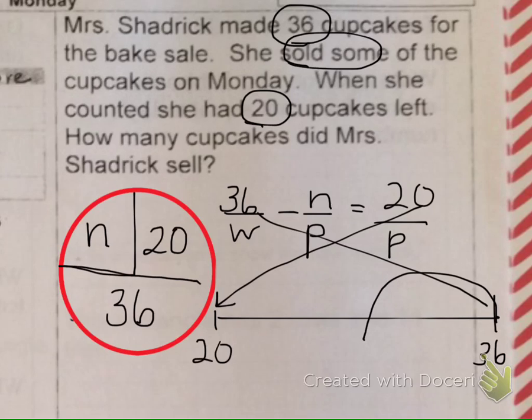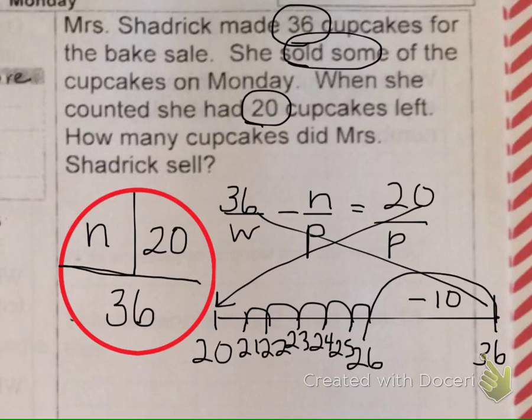So 36 minus 10 equals 26, then 25, 24, 23, 22, 21, 1, 2, 3, 4, 5, 6, and again 10 plus 6 is 16. So n equals 16.